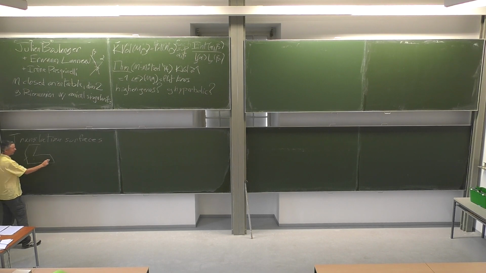So I identify pairs of sides with the same length and the same direction, and I get a surface, and that's called a translation surface. It's called a translation surface because, since you identify parallel sides, you have a well-defined notion of direction on a translation surface.